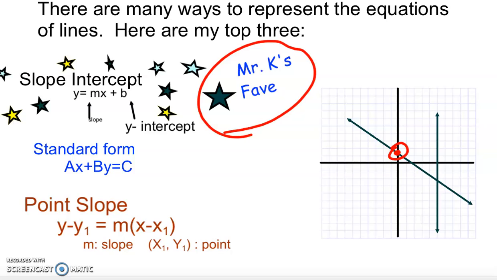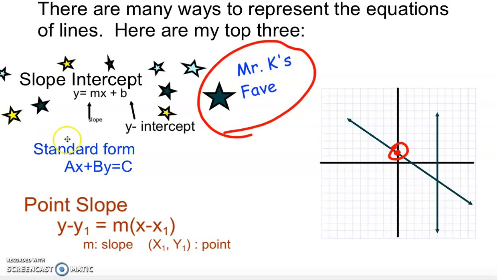So what we've been doing is basically looking at lines and different ways that we can represent lines. And we learned that there are three different ways we can represent the equations of lines. The first one is slope-intercept in the format of y equals mx plus b. And then we also discovered point-slope form, which is in the format of y minus y sub 1 equals m times x minus x sub 1.